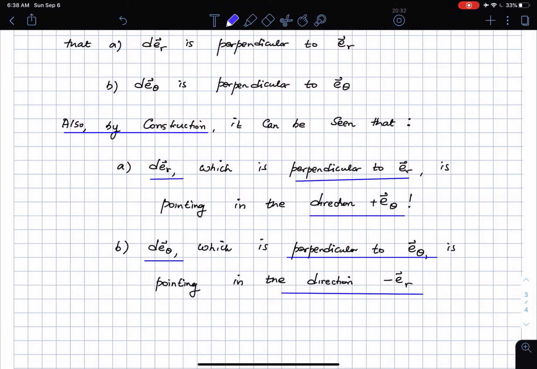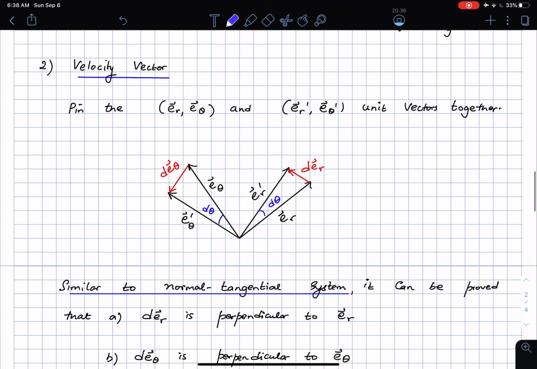And so from here I can say that first of all the magnitude of dER is the magnitude of ER times d theta, which is also the same as the magnitude of ER prime times d theta, which means that the magnitude of dER is equal to d theta.